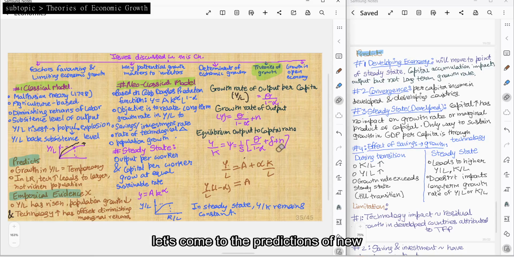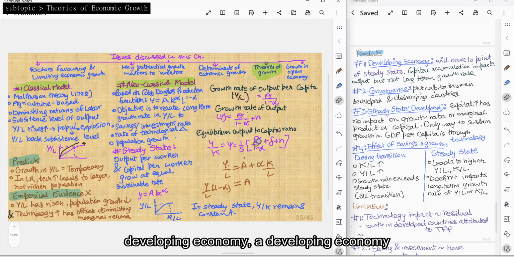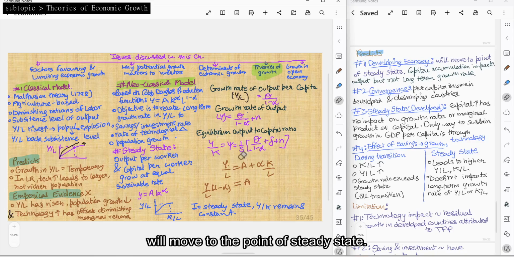Now let's come to the predictions of the neoclassical model. With respect to a developing economy, a developing economy will move to the point of steady state. What happens with respect to capital accumulation? We are going to experience diminishing marginal returns.